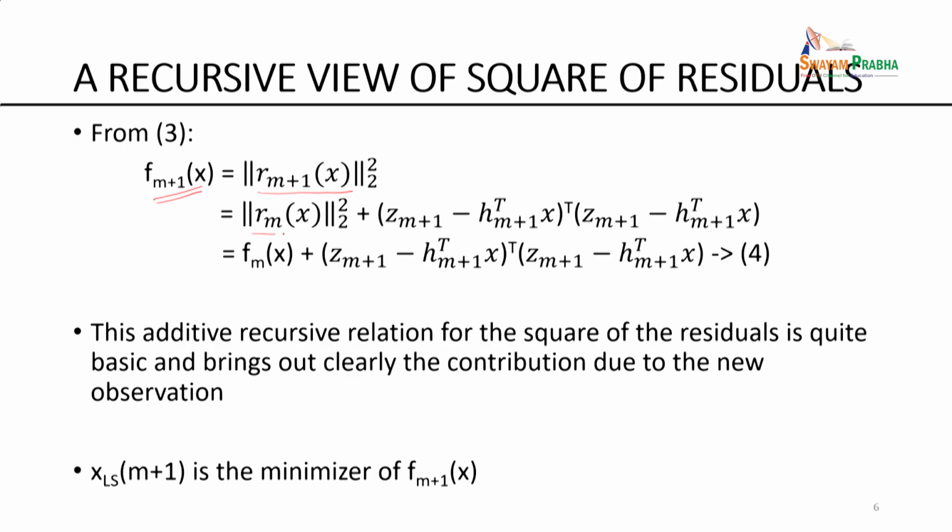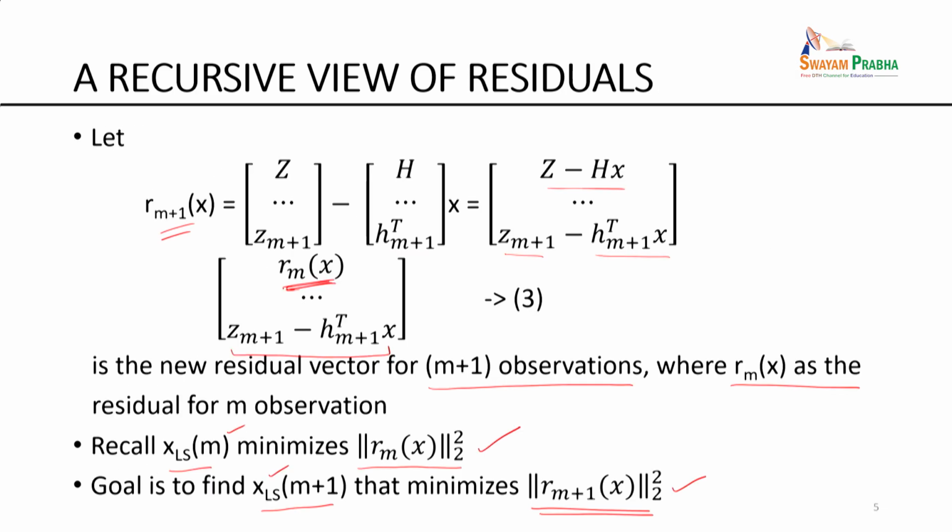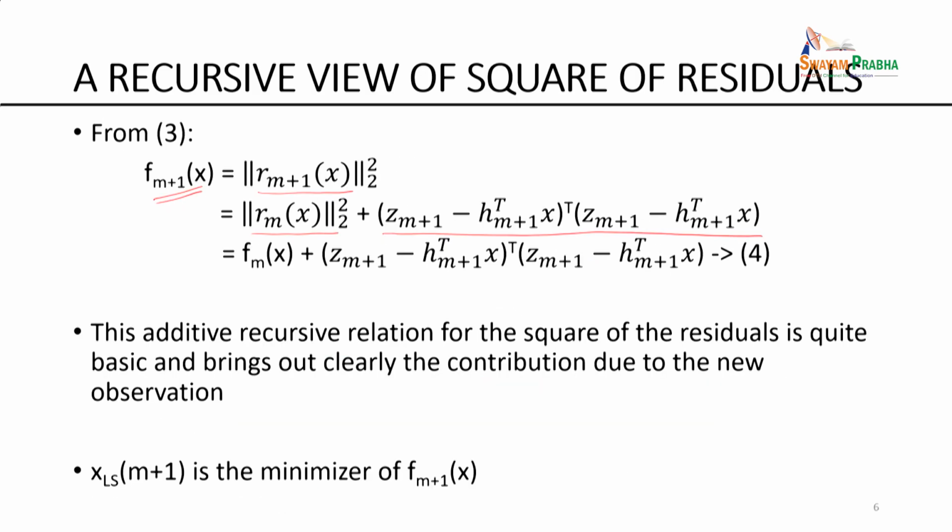It is the square of the norm of R_m plus the square of the last component. I hope you should be able to do that very easily. So, the norm square of that is the square of the norm of that plus the square of the norm of the following. That simply comes from the definition of the square of the norm. We are taking the Euclidean norm.